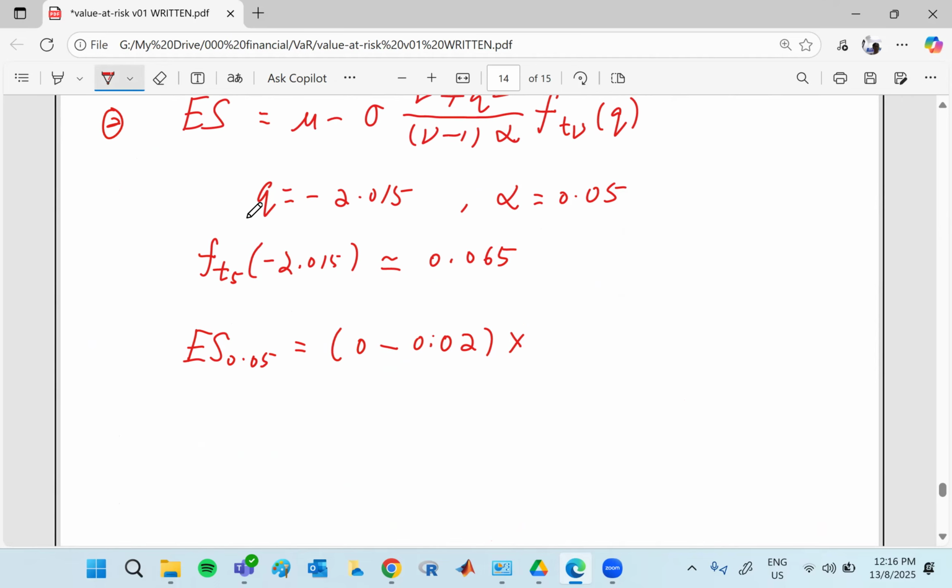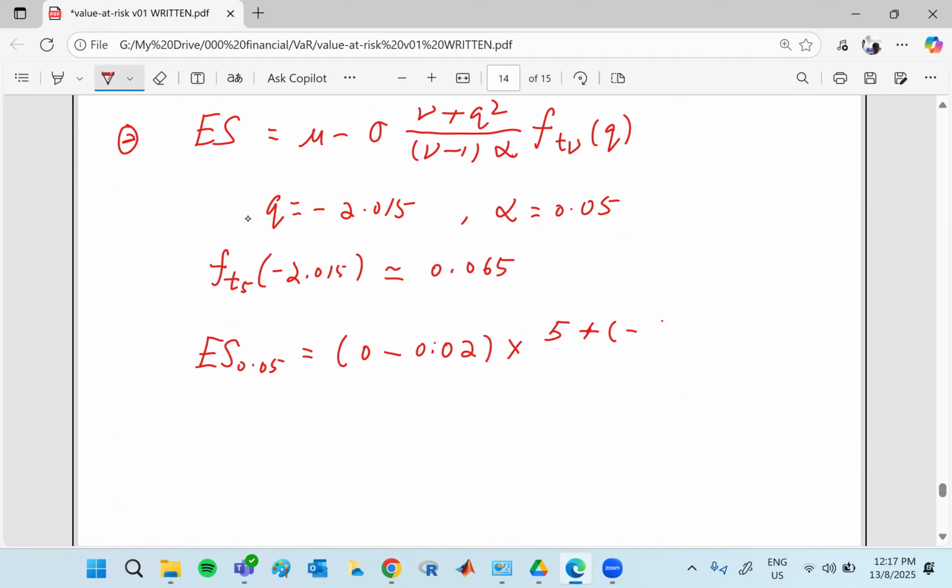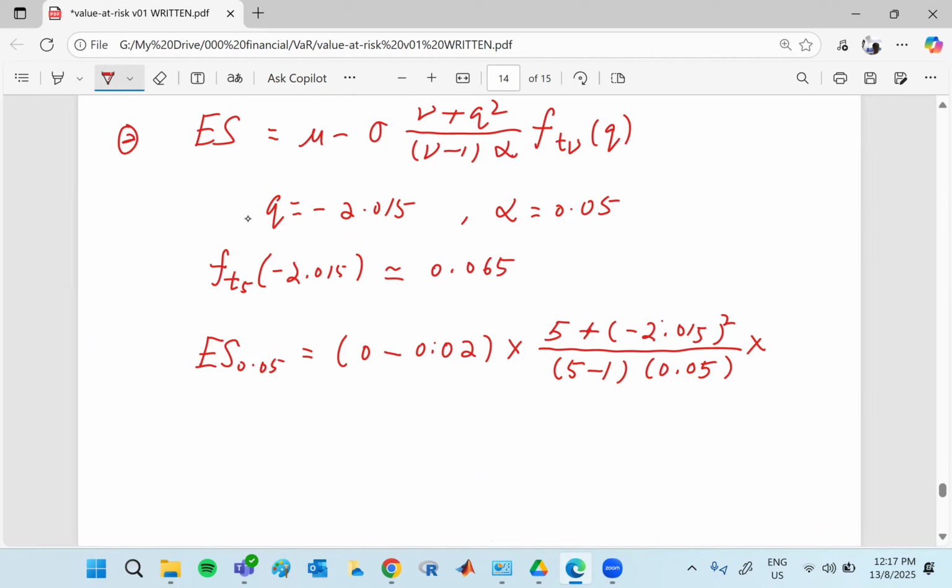So you have mu, and the degree of freedom 5, the T value minus 2.015 squared, over the degree of freedom 5 minus 1, times alpha 0.05, times the PDF value 0.065.